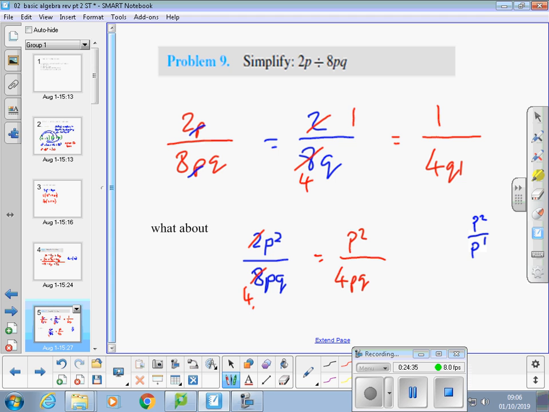Is that not p to the 2 minus 1? Yeah. So on the top we can have p, and the p down the bottom cancels as well. p squared divided by p leaves p at the top.